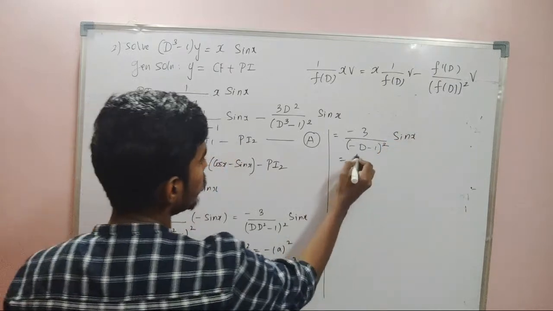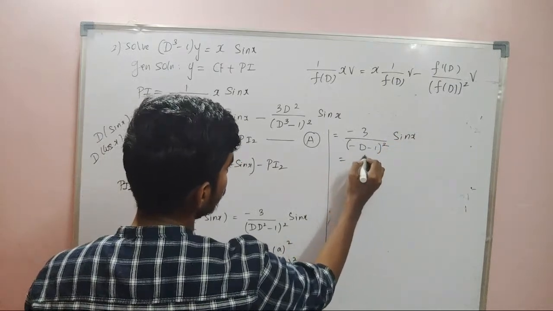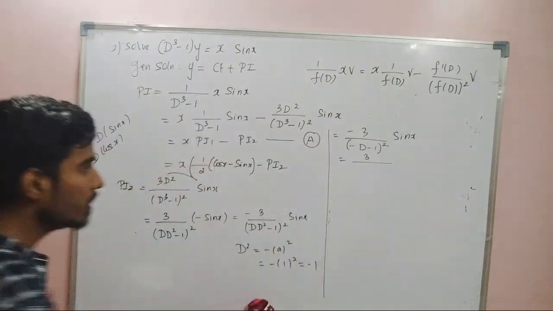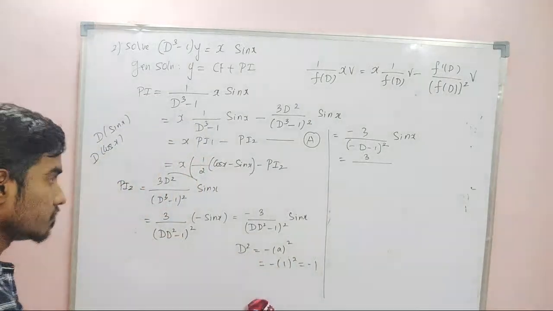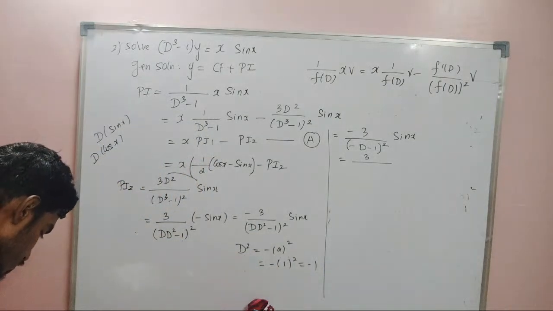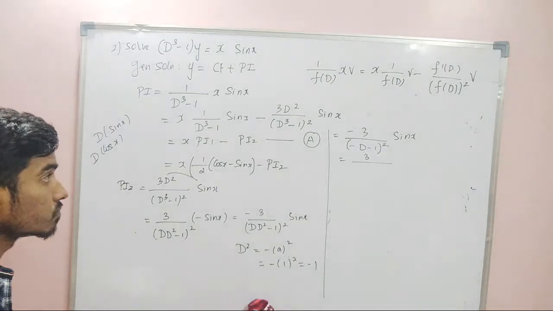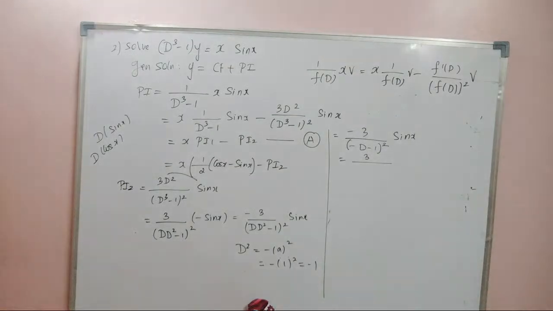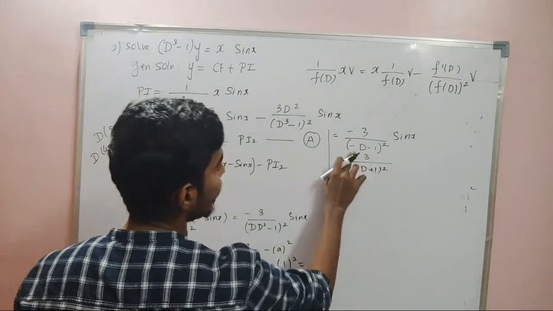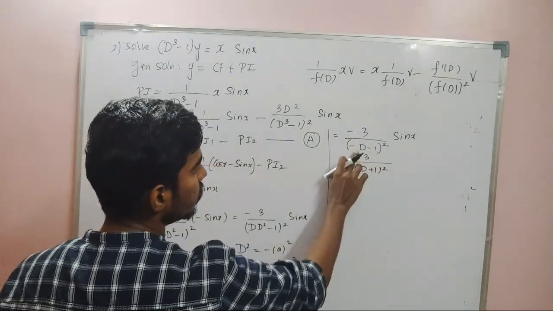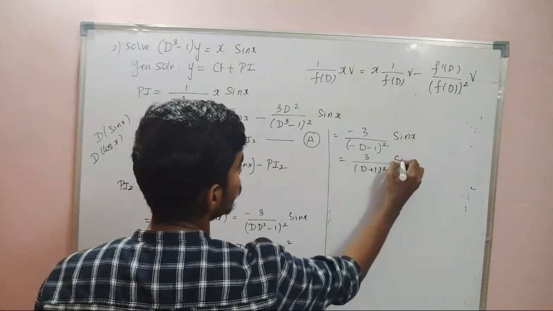So this turns out to be 3 divided by d plus 1 whole square, right? If I take minus common, it will be d plus 1, minus of square will be plus square, into sin x.